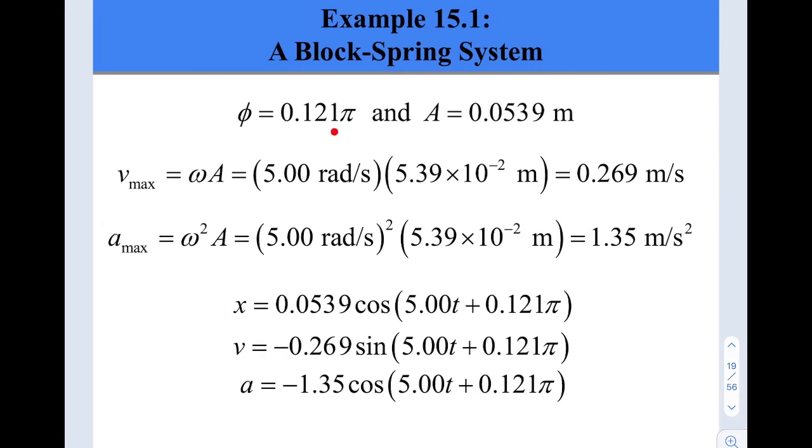Then from here, you're going to determine v max equals omega A. Use your A that you figured out from the previous part. And a max equals omega square A. Both of these are talking about speed and magnitude only.